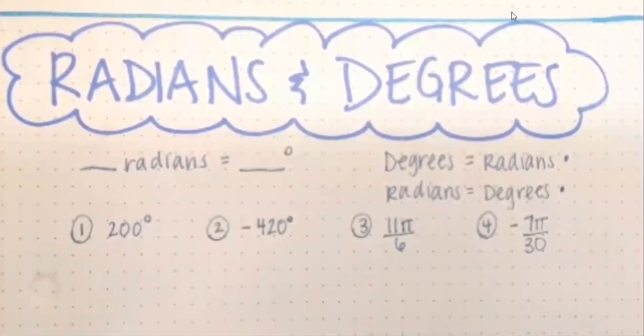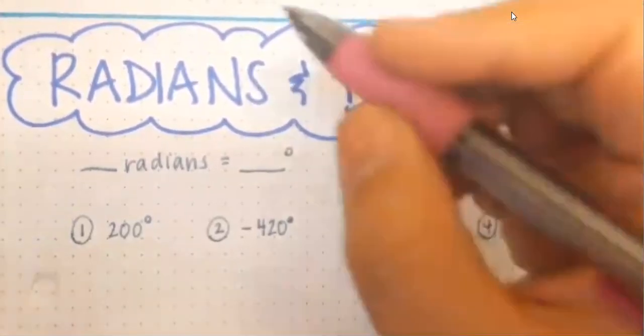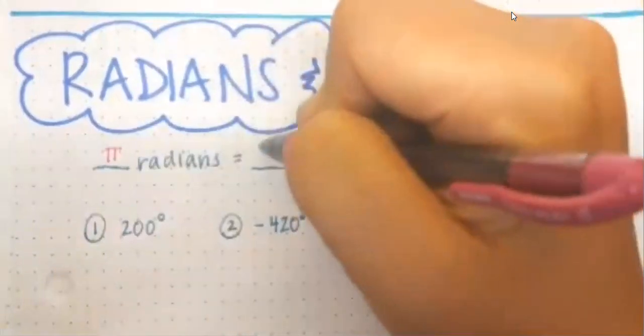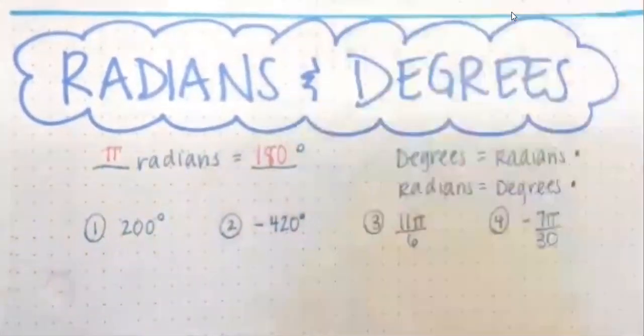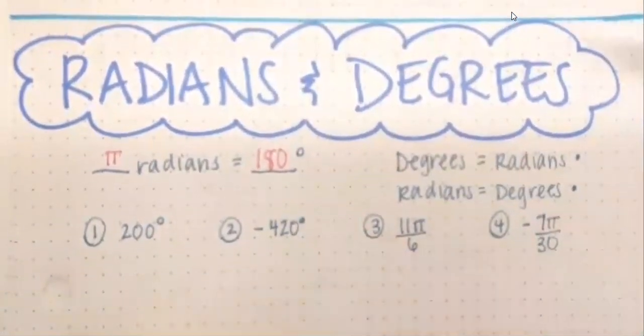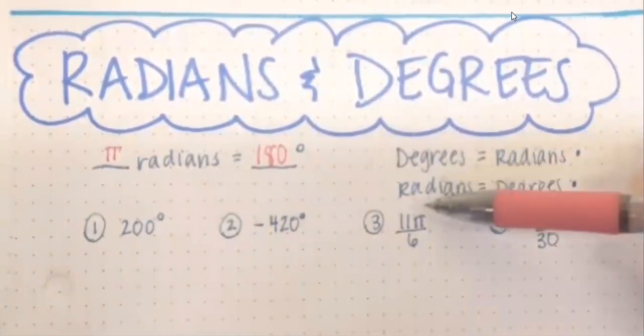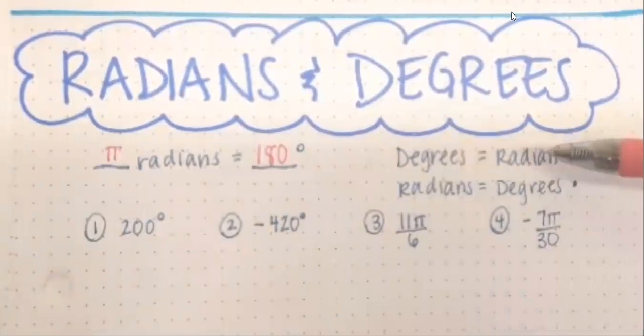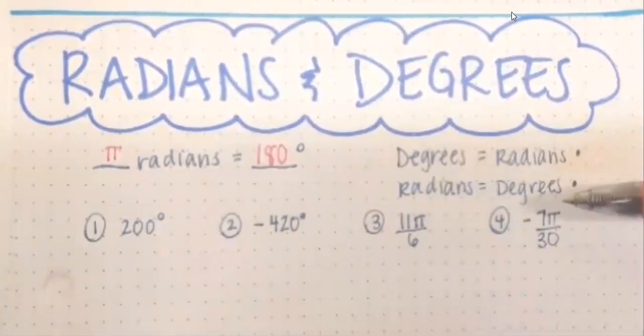So we have this main equivalence that we use to figure out all of our radians and degree measures. Pi radians is equivalent to 180 degrees. That's a big equivalence. If I want to switch back and forth, I take my radians and multiply by 1, because if I multiply by 1, I don't change anything, right?